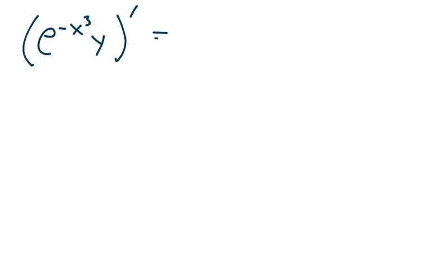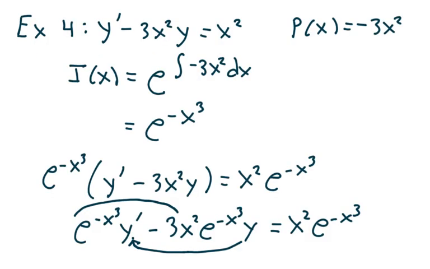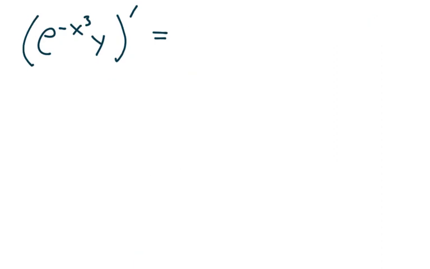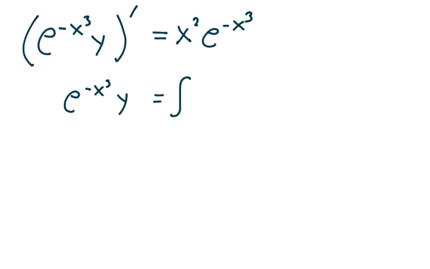That's the left side. On the right side, we get x squared e to the negative x cubed. So e to the negative x cubed times y is the integral of x squared e to the negative x cubed dx.